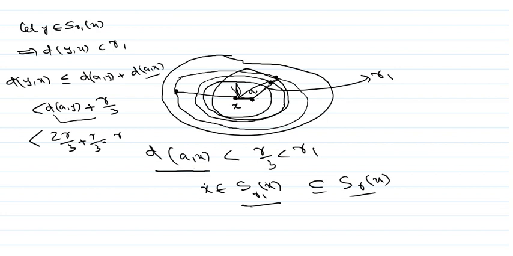So how do we prove that? I have to use this, distance between y and x is less than r1, r1 is less than 2r by 3, okay, that's clear. Distance between x and y is less than 2r by 3.